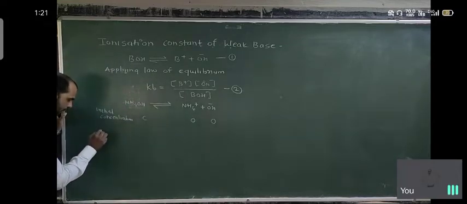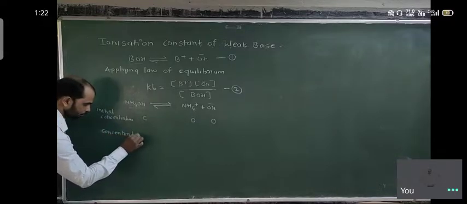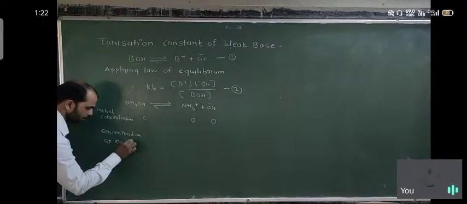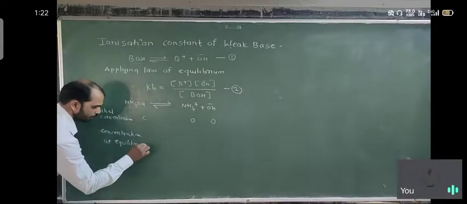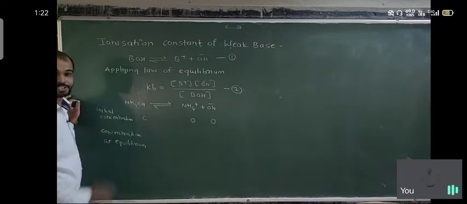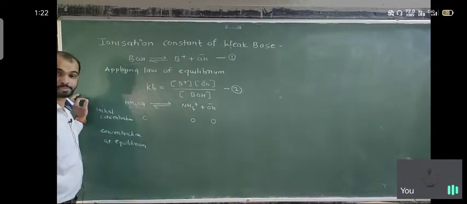So here we consider the concentration at equilibrium. At equilibrium, we consider the degree of ionization, meaning how many NH4 plus ions are produced out of the total molecules of NH4OH.